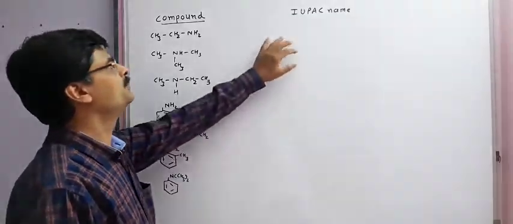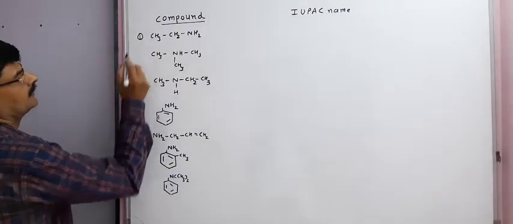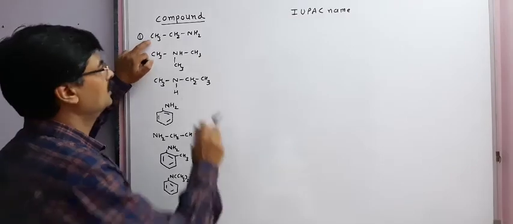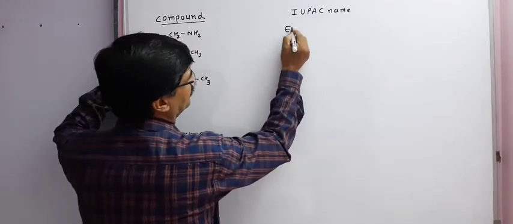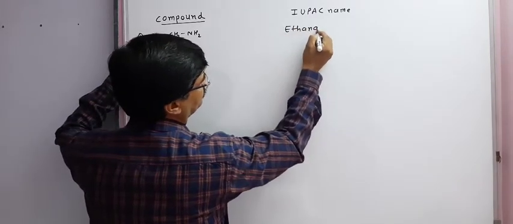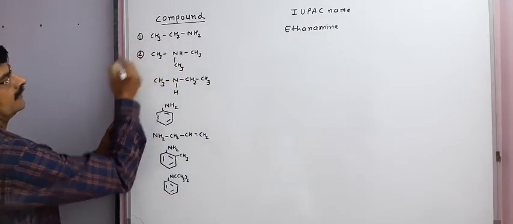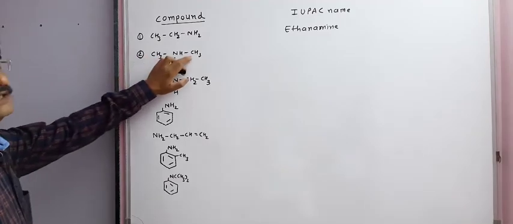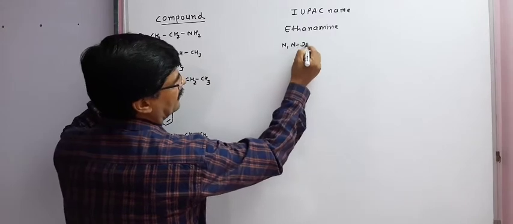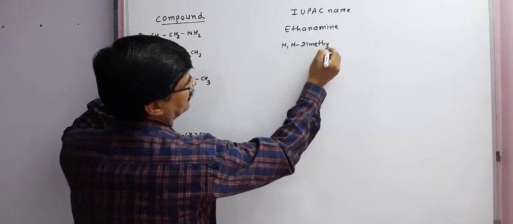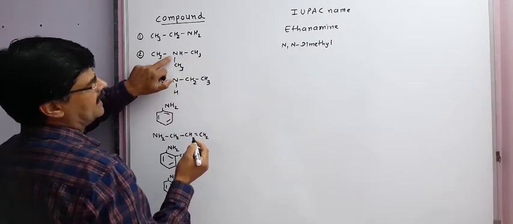Now we will study IUPAC nomenclature of these compounds. First compound, CH3CH2NH2. Because two carbons are present with the amino group, the IUPAC name is ethanamine. For the second, CH3NHCH3CH3, the IUPAC name is N,N-dimethyl. Anywhere we have a CH3 group, so N,N-dimethyl.